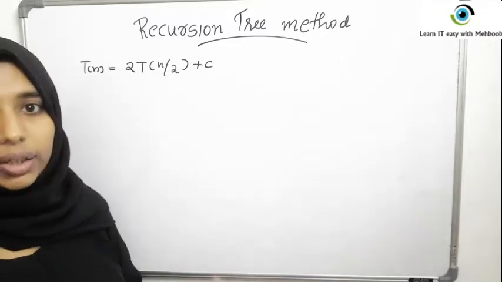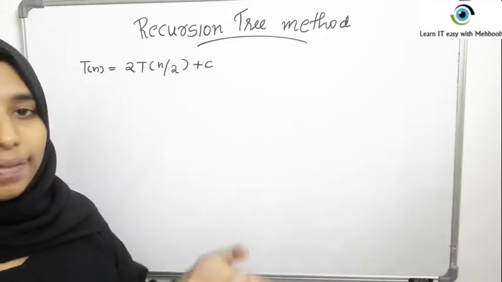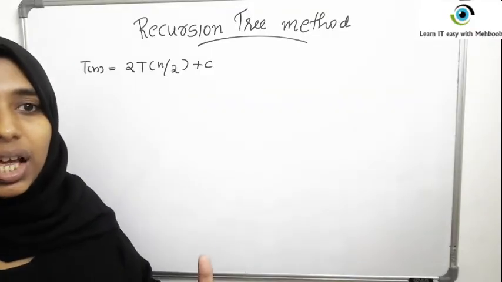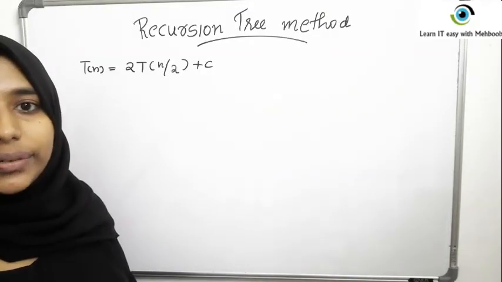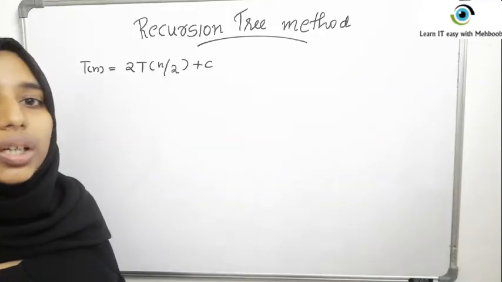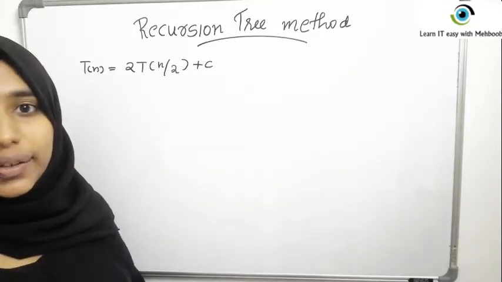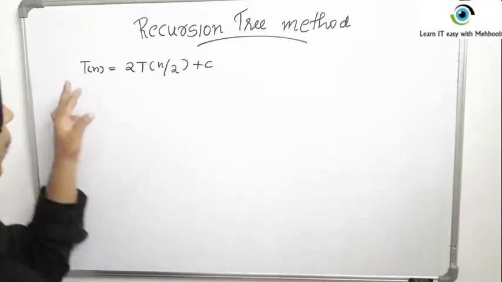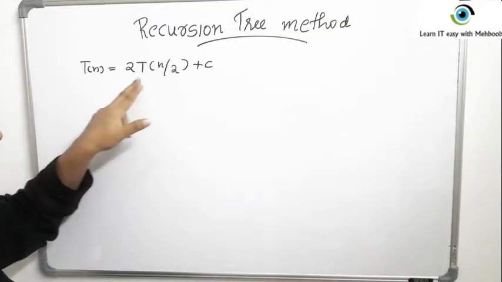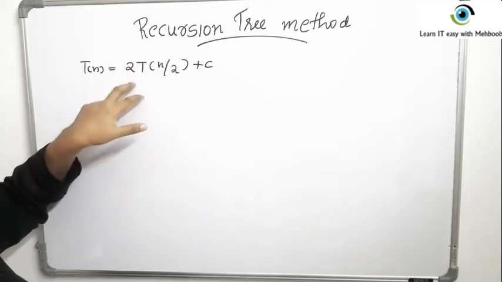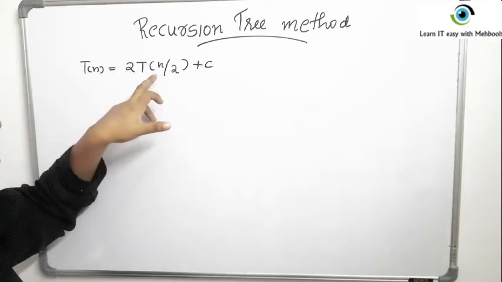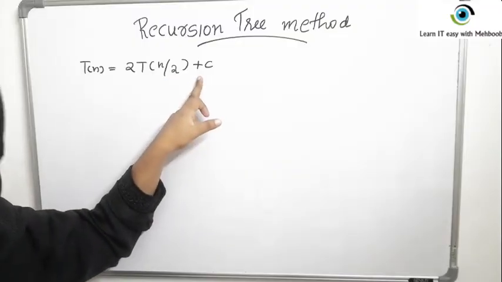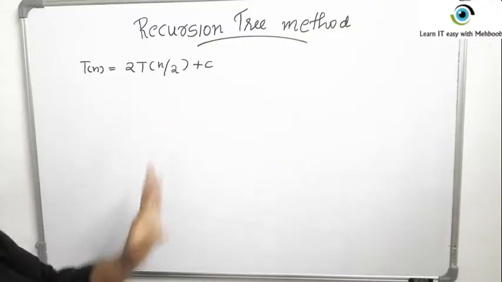That is how divide and conquer strategy works, isn't it? We divide the problem into subproblems, solve the subproblems individually, and then combine the results of the individual subproblems to get the whole result. So c is the amount of work you require to conquer the solutions.